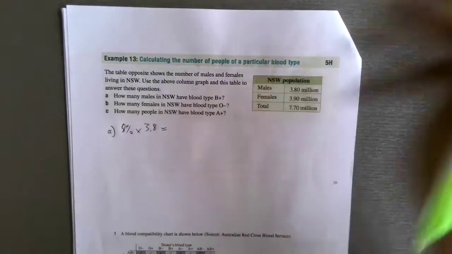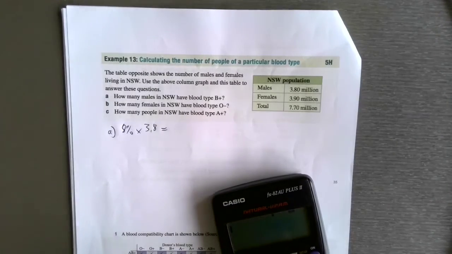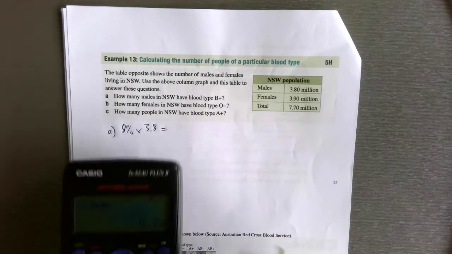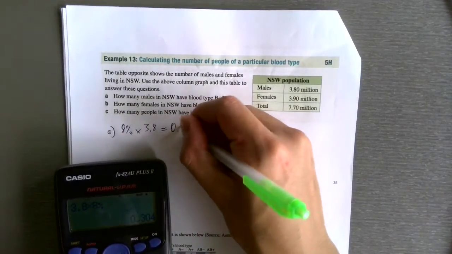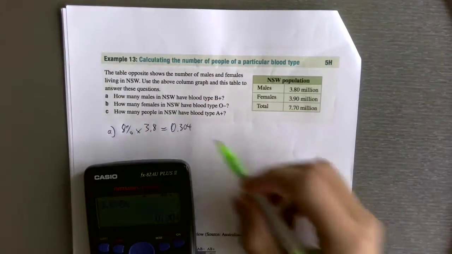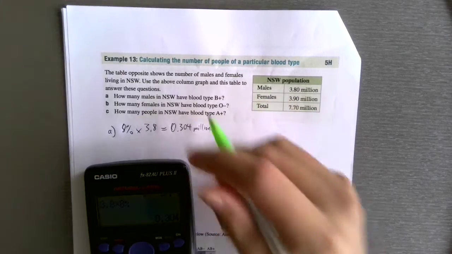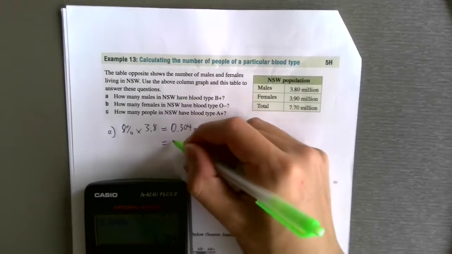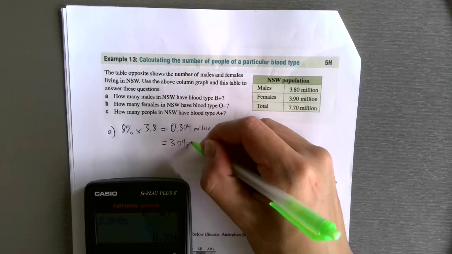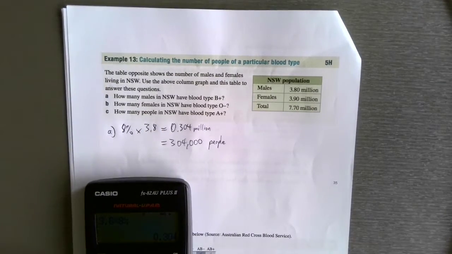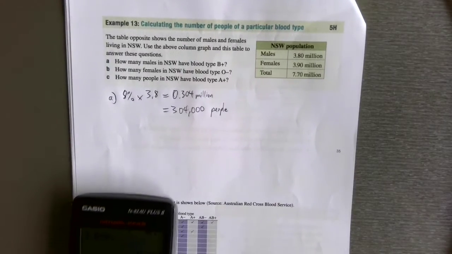So we're going to times 8% by 3.8. Remember to add the percentage button in. And the number we get is 0.304. Earlier we talked about this in the millions, so 0.304 million is the same as 304,000 people. And that's how we're going to write our answer, like so.